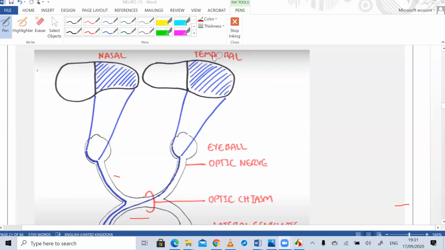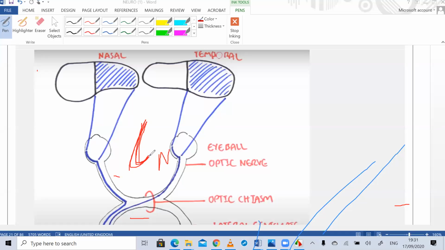Here I am discussing the nasal fibers and the temporal fibers. You have two types of fibers here. You have nasal fibers, which is here, this is the nose of the patient. Here, the temple of the patient.